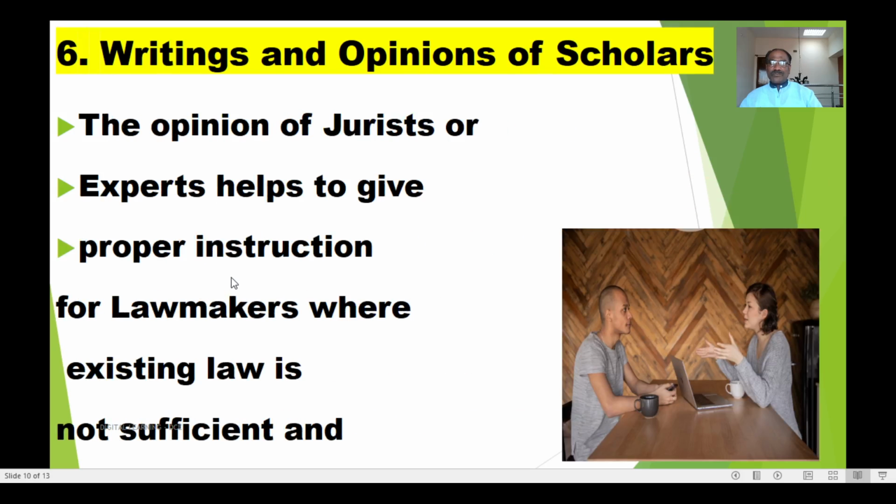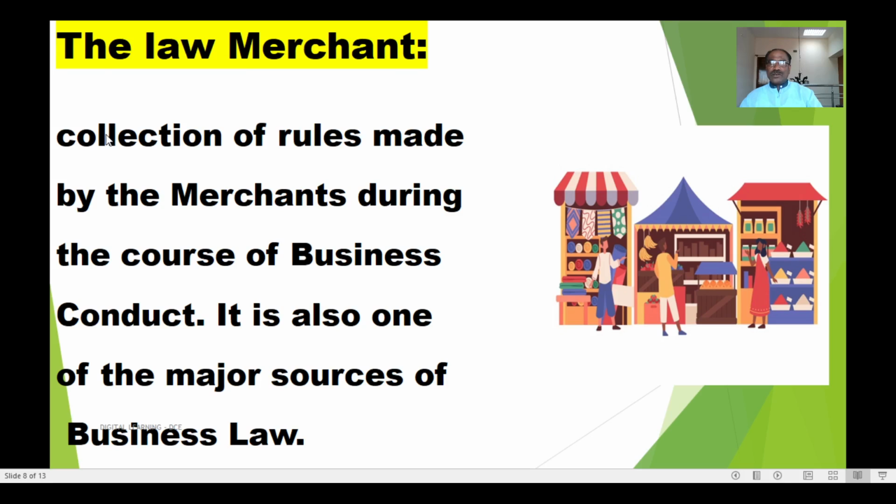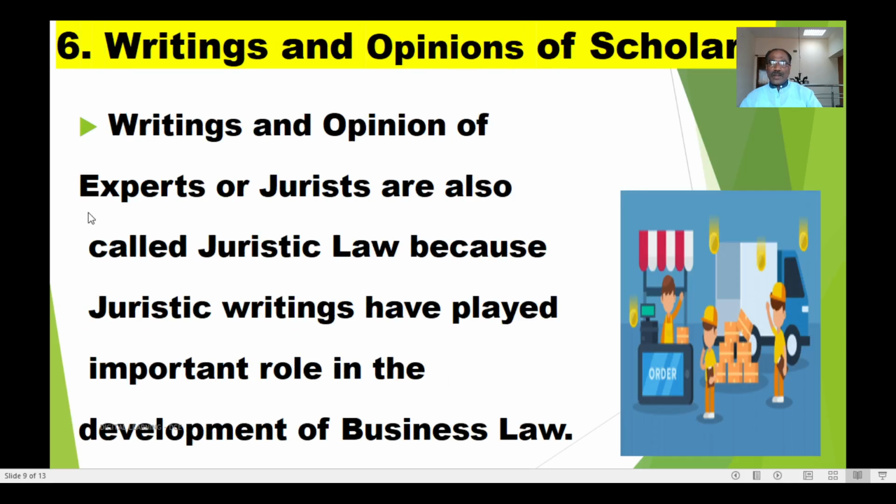So let us see how the writings and opinions of scholars are important for business law. Here the opinions of the experts, the jurists, the law experts, are called juristic law. So what is called juristic law?